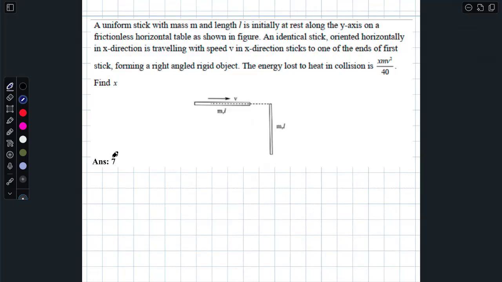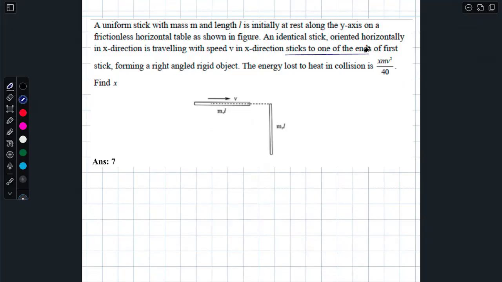A uniform stick with mass m and length L is initially at rest along the y-axis on a frictionless horizontal table as shown in the figure. An identical stick oriented in x direction is traveling with speed v in positive x direction.